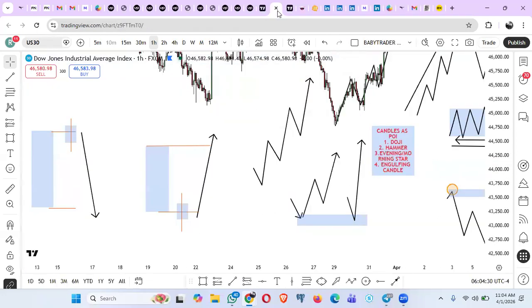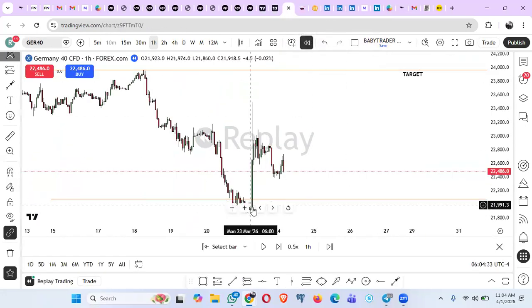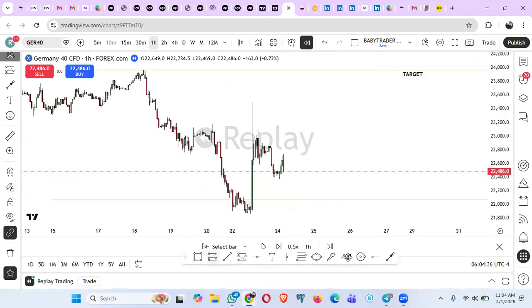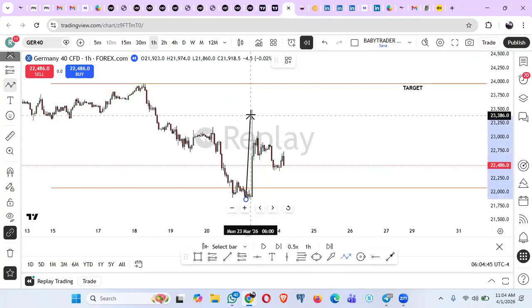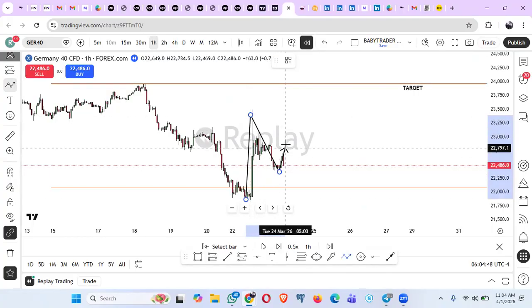It has already happened for you. So if you check it now, we have our impulsive push, and this thing goes down now. Impulsive push here, correction already happened.